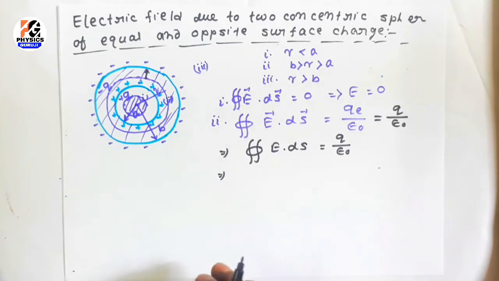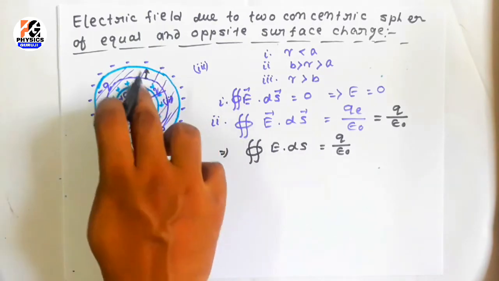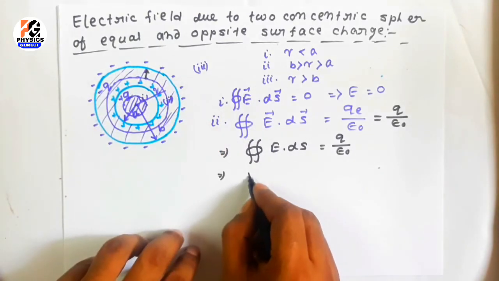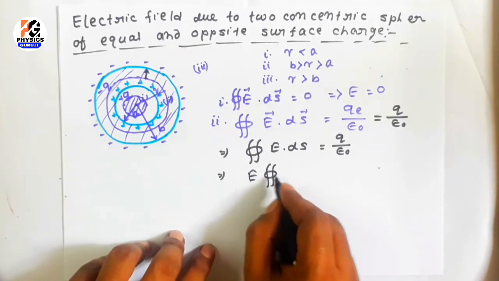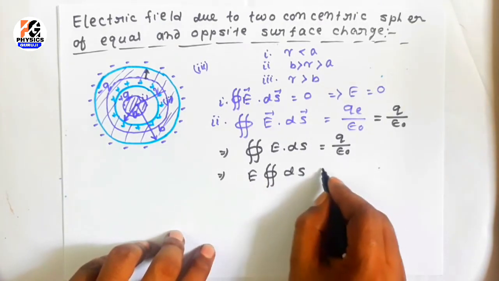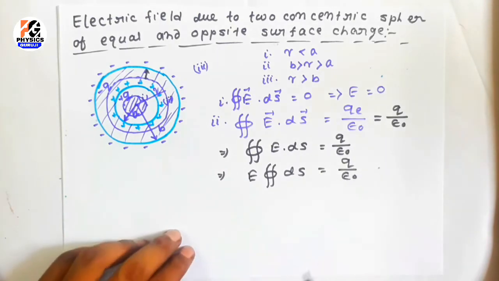And as the electric field on the surface is uniform, because it is at equal distance from the charge, the electric field is constant all over the surface and it becomes E times the closed integral of ds equal to Q by epsilon 0.